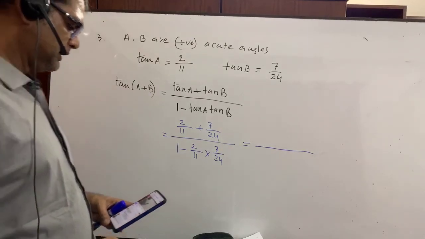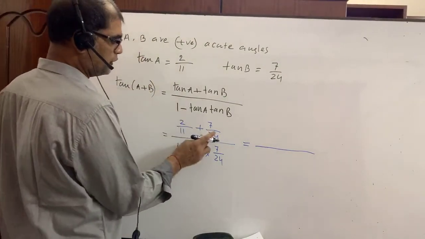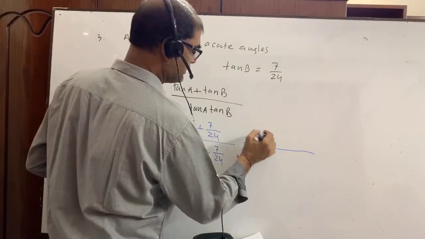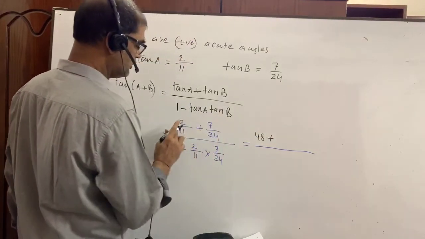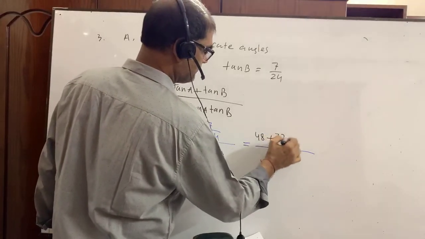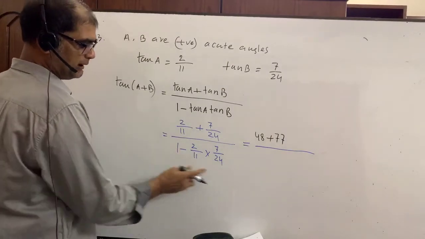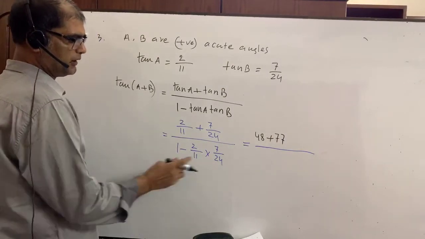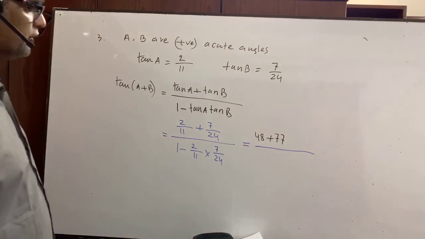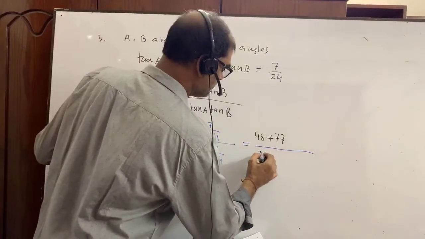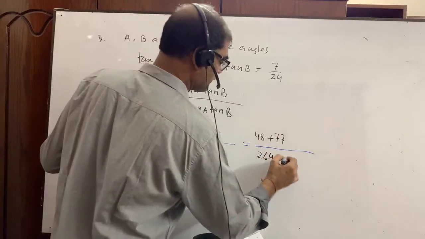So what is to be done here? Now 2 into 24 equals to what? 48. Plus 7 into 11 equals to what? 77. Now here, if we get the LCM, 24 into 11 equals to 240 plus 24, that is about 264. 264 minus 7 to the 14.